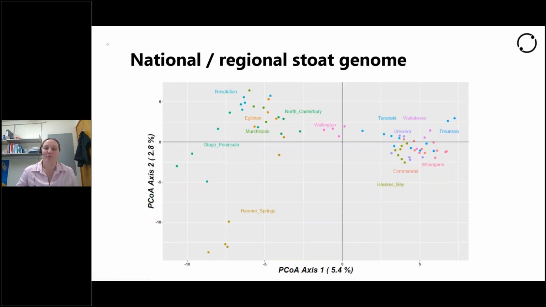From that SNP panel, hopefully you can see that the North Island stoats are more closely related to each other than the South Island stoats, and we've got Wellington smack in the middle, as we'd kind of expect. Hanmer Springs is a bit of an anomaly there, and I believe Andrew Veale is hoping to investigate that a little further.